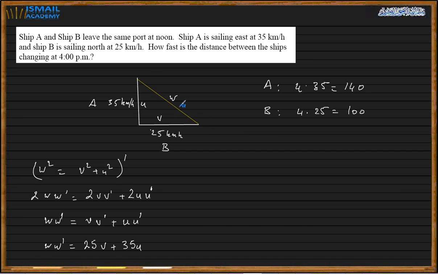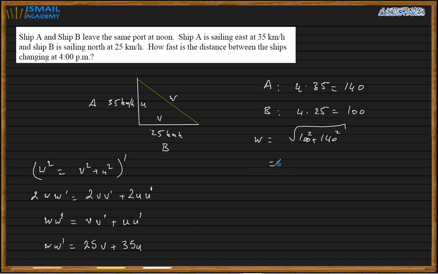The distance between the two, W, will be the square root of 100 squared plus 140 squared. I just need to find the square root of this one squared plus this one squared.